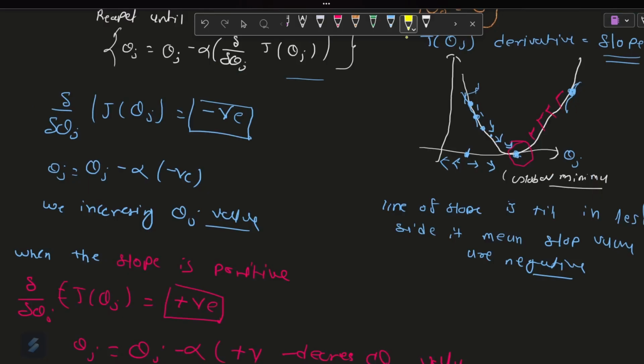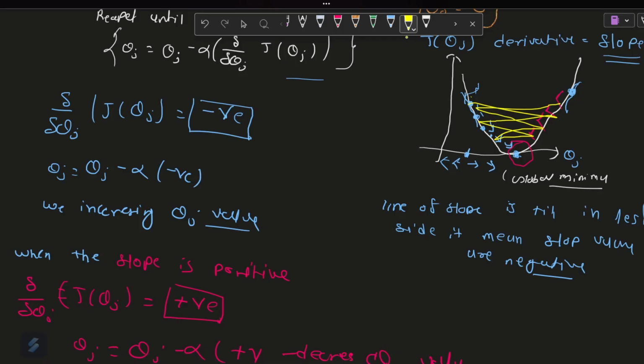Without an alpha value, the theta value may converge in an uncontrolled way, and it would not converge that speedily.